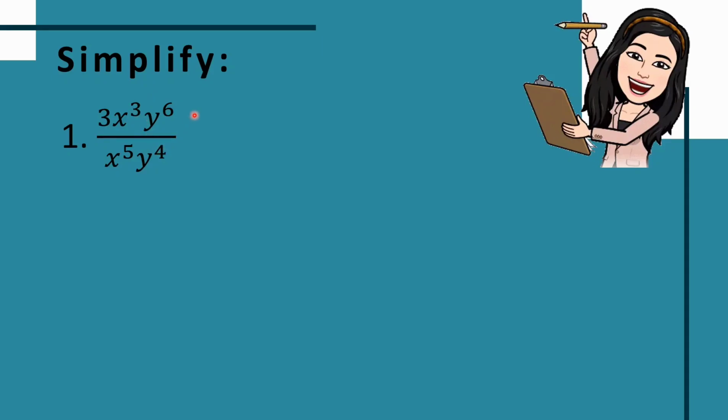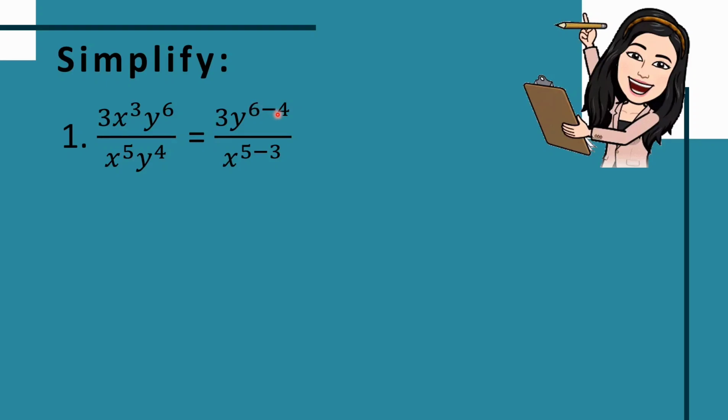So, kopyahin si 3 kasi wala naman tayong dinivide sa denominator. So, yung y, since y to the 6 ay larger than y to the 4th, hayaan natin siya sa position na yan. So, that is y to the 6th. Pero, i-minus natin yung smaller exponent. So, that is 4.